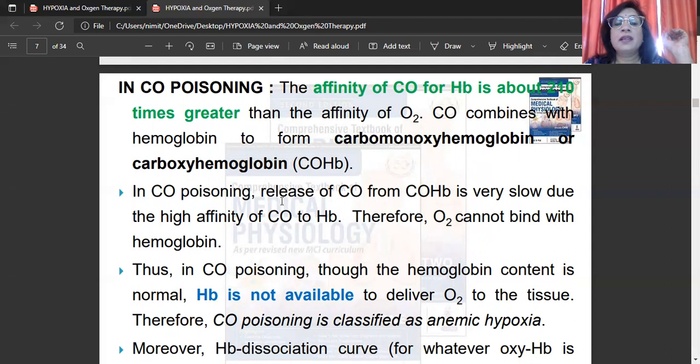So what happens in the poisoning? The release of carbon monoxide from the carboxyhemoglobin becomes slow due to its higher affinity for the hemoglobin.